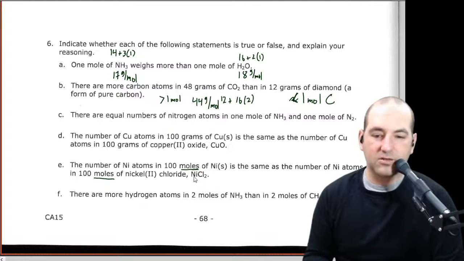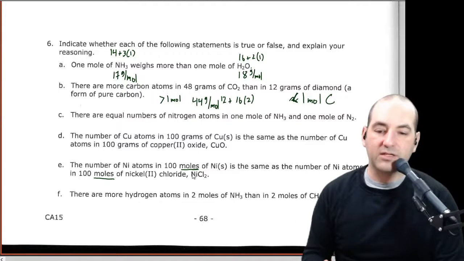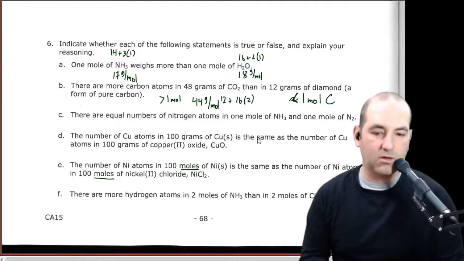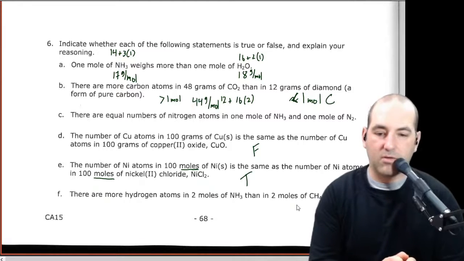If we got 2 pieces, we got 2 nickels. 3 pieces, 3 nickels. So in this case, they are actually the same, because 100 moles, 100 pieces of nickel, 100 batches of this is the same as 100 batches of this, which will still have just 1 per piece. Right, so this one's false, this one's true, and then you can write y.